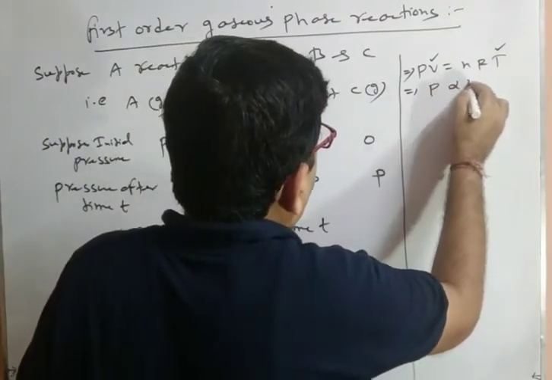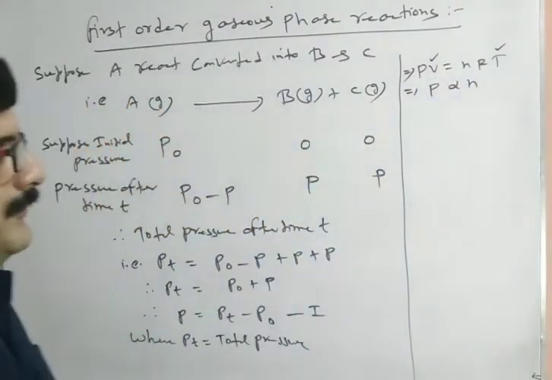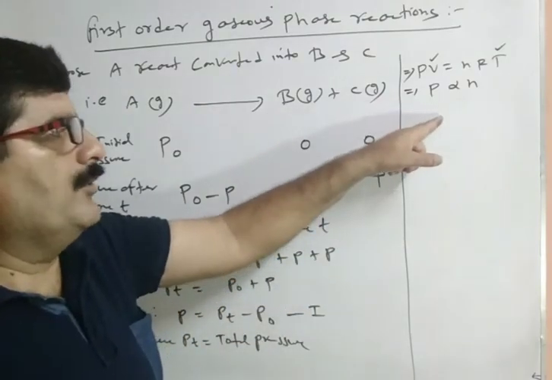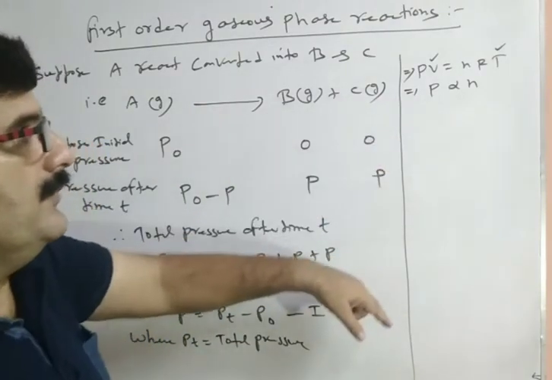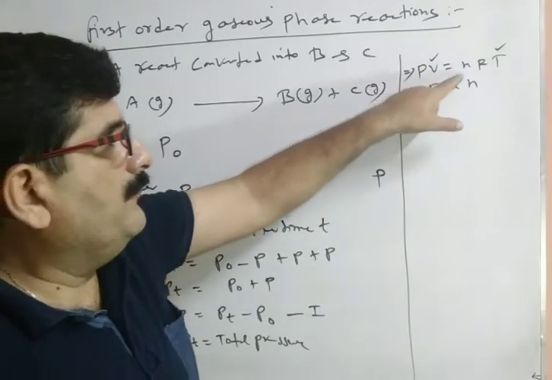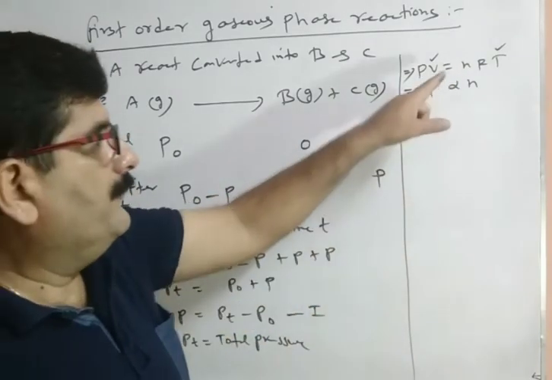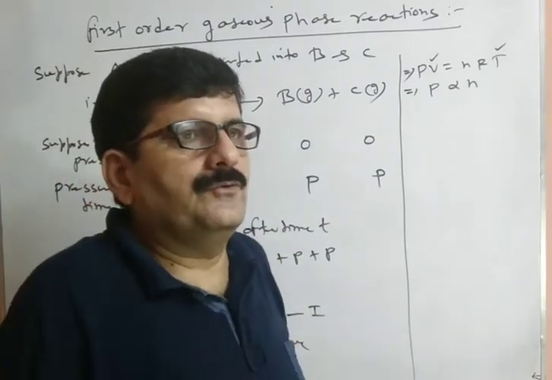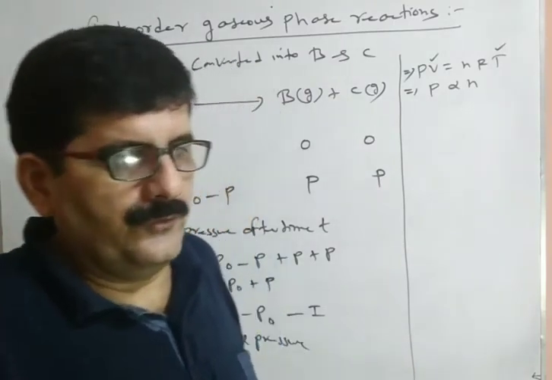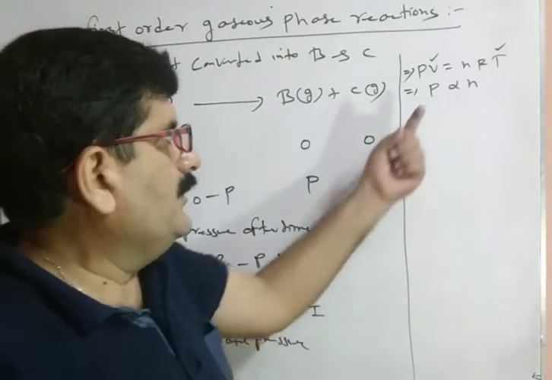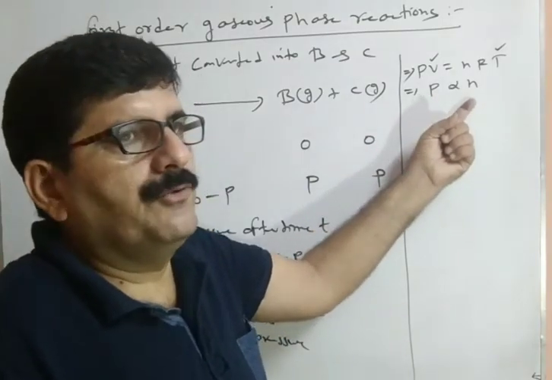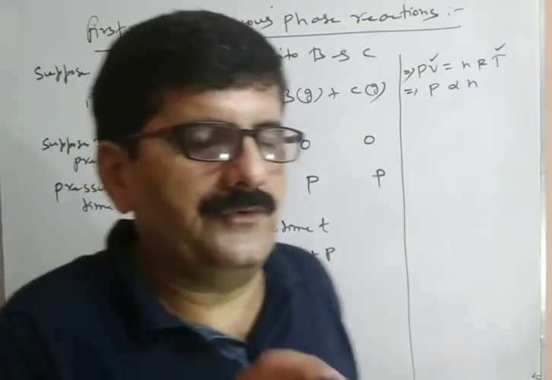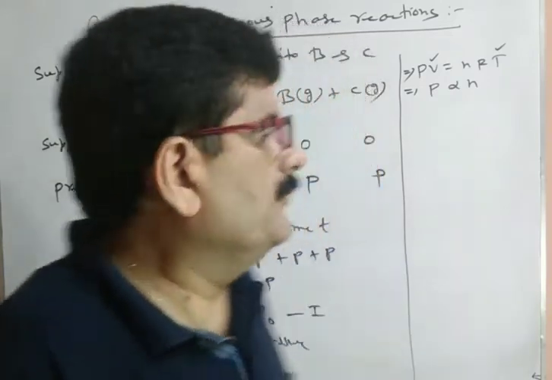Pressure is directly proportional to n. So pressure is directly proportional to number of moles. Again we can say P is equal to n by V RT. If R and T are constant, then pressure is directly proportional to what? Concentration. So for gaseous phase reaction, either pressure is directly proportional to number of moles, or you can say pressure is directly proportional to concentration.